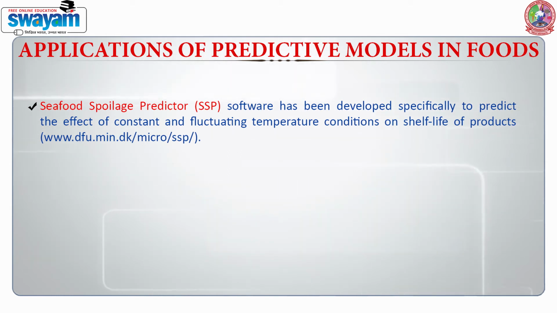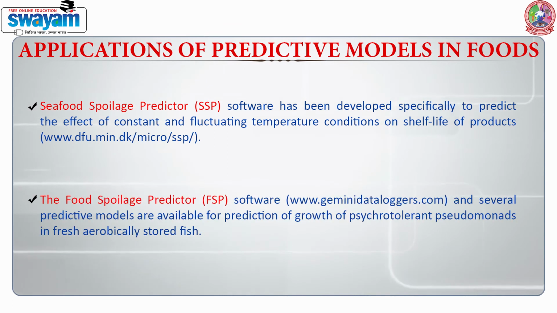The next model, which is very important, is the food spoilage predictor. This is FSP. This model can be used along with several other predictive models which are available for the prediction of growth of psychotolerant Pseudomonas in fresh and aerobically stored fish.